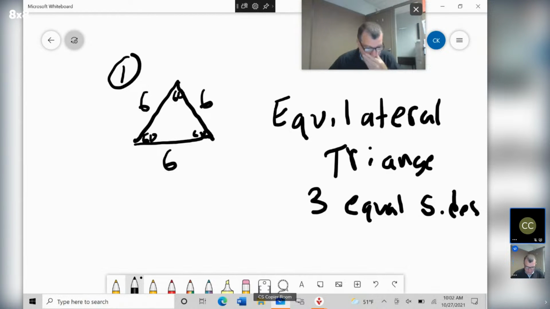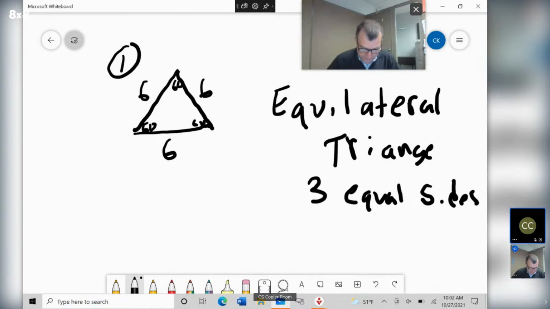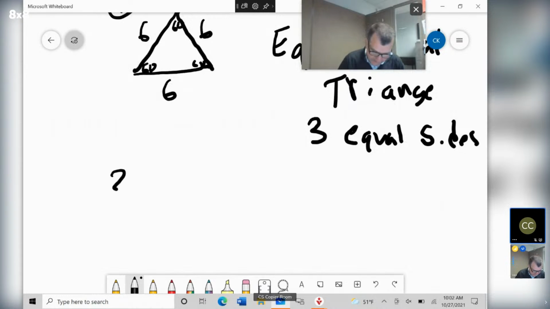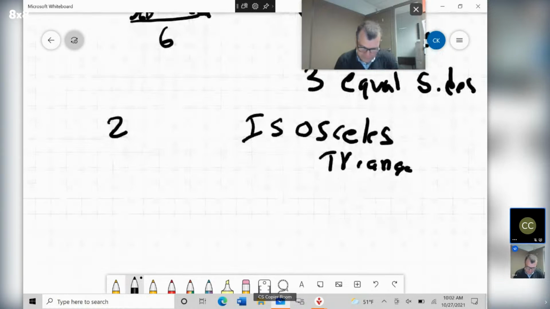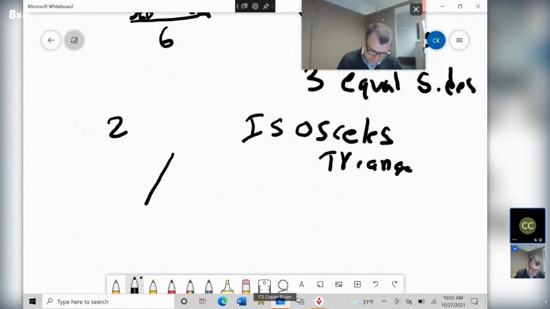The next triangle is called isosceles. What an isosceles looks like is two sides are equal.